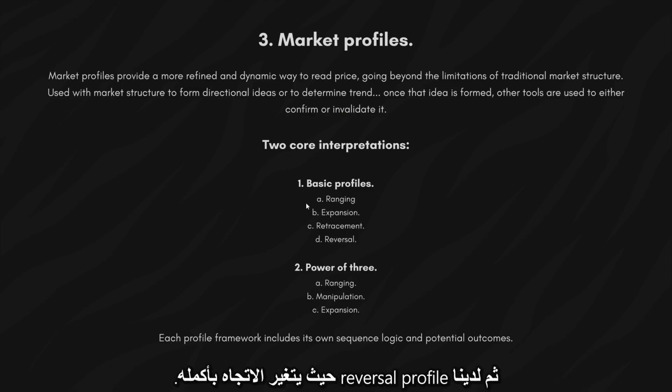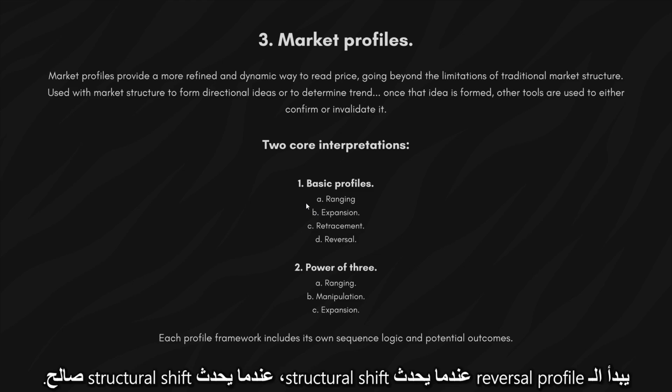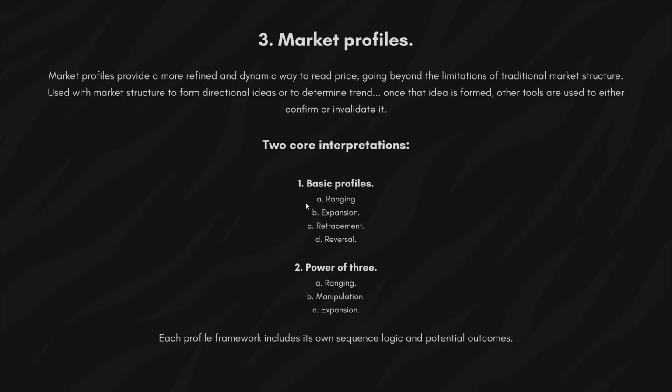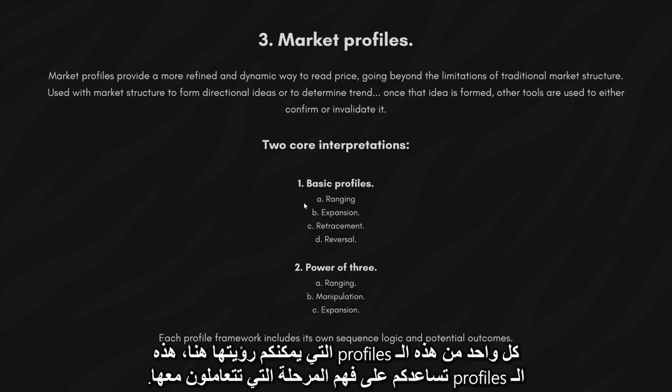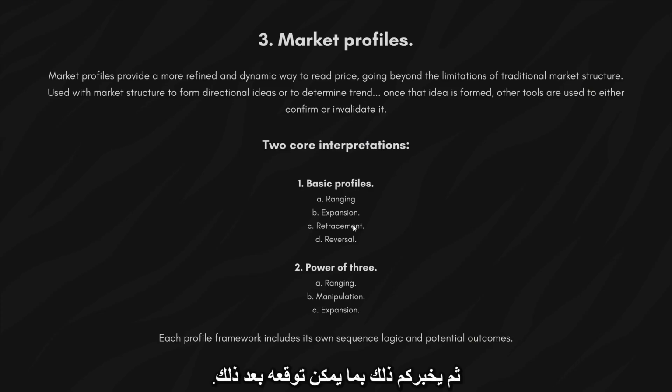And then we have the reversal profile, where the entire trend changes. The reversal profile starts when a valid structural shift happens, right? Each one of these profiles helps you understand what phase you are dealing with, and then that in turn tells you what to expect next.